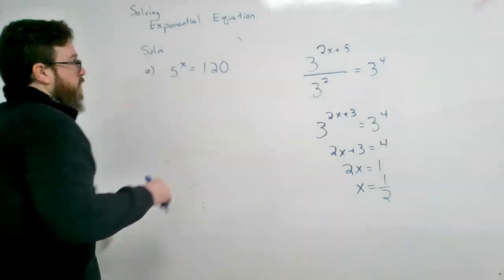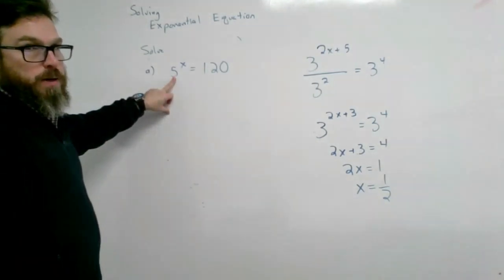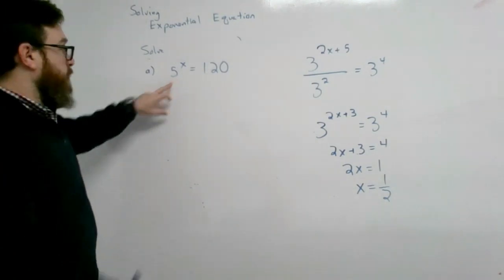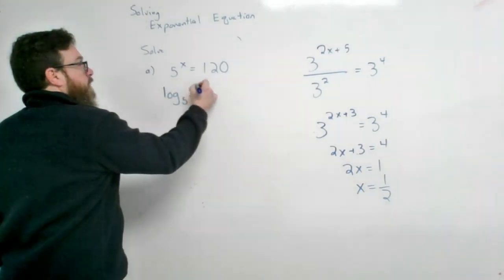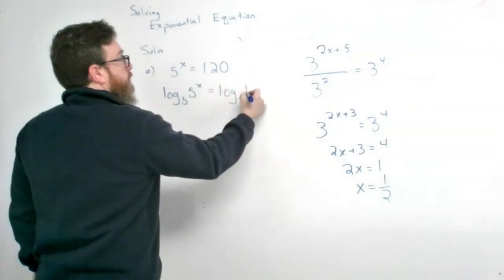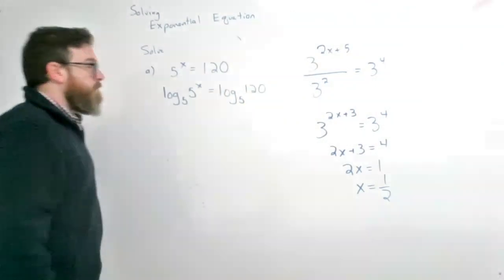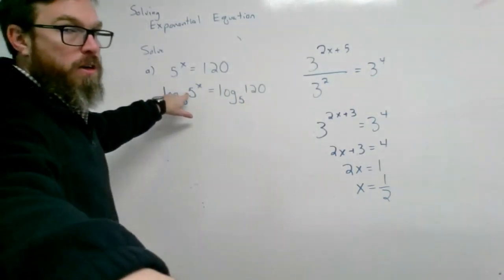So one way we can do this is we use the inverse operation of exponential base 5, which is going to be log base 5. So I can log base 5 the left-hand side, which means I also have to log base 5 the right-hand side. Now, log base 5 and exponential base 5 are inverses.